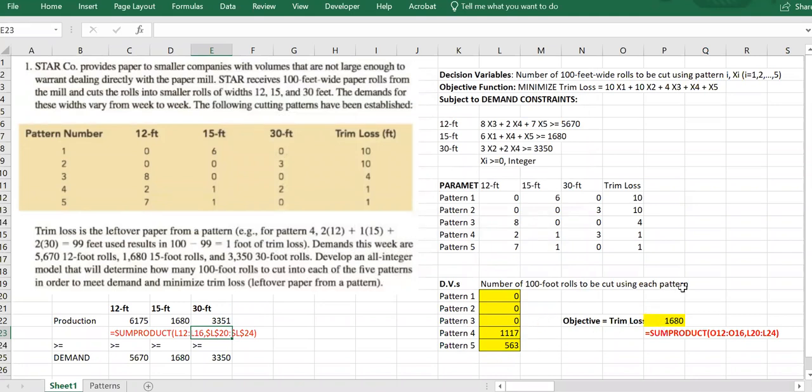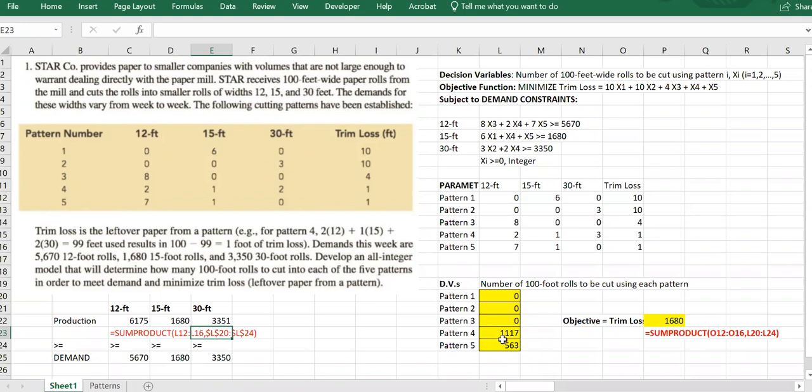So the minimum trim loss that you can have while making sure that you're satisfying the demand is 1,680 feet of trim loss, and you're only using the blend patterns, not just the ones that only use one type, one size.